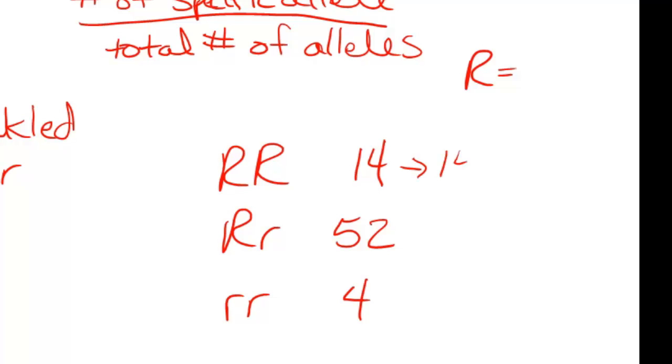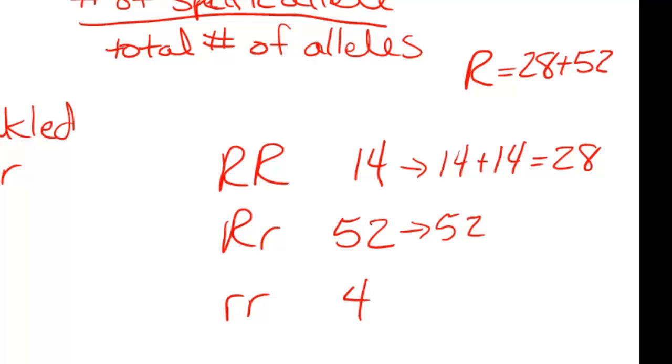So we have here basically 14 plus 14, and that's going to give us a total of 28. And we can also expect to get 1 copy from each of these individuals, so that's going to give us 52. So for R, I'm going to take 28 plus 52.